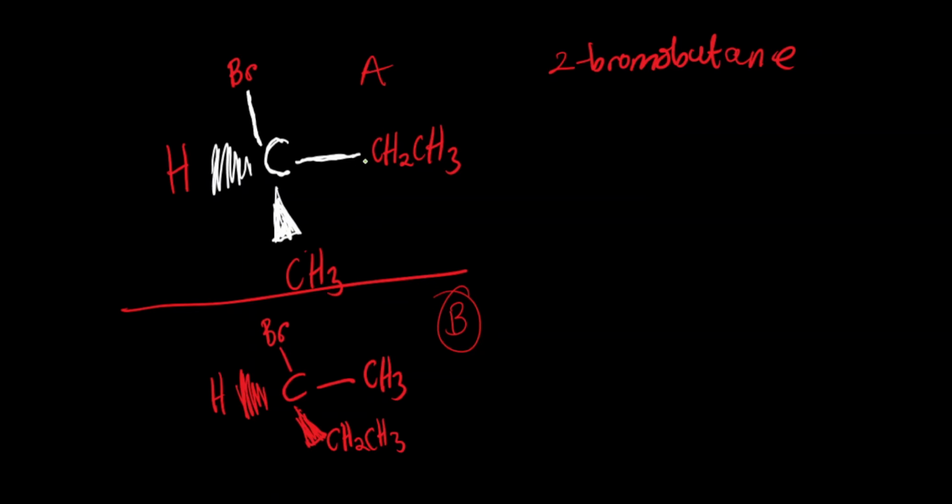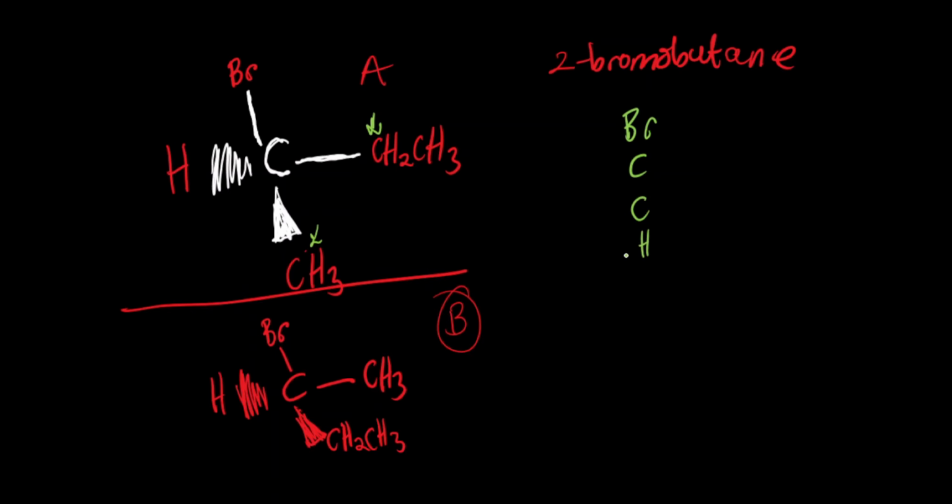Considering the groups that are directly attached to the asymmetric center, right here we have bromine directly attached to the asymmetric center. Right here we have carbon directly attached to the asymmetric center. Right here we have another carbon, and here we have hydrogen.